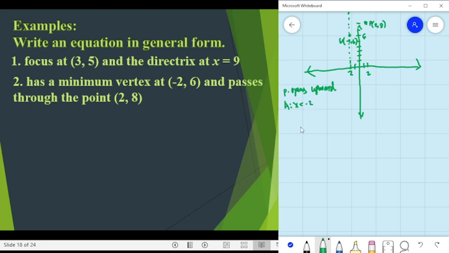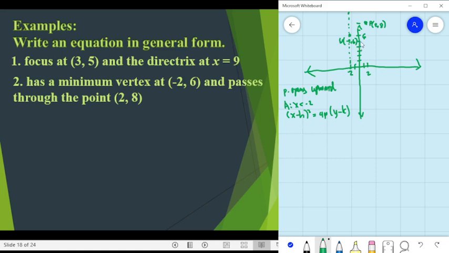Okay? So next is how you solve your equation. Since the parabola is opening upward, the equation we will use is quantity x minus h squared is equal to 4p quantity y minus k. 4p is positive because it's opening upward.